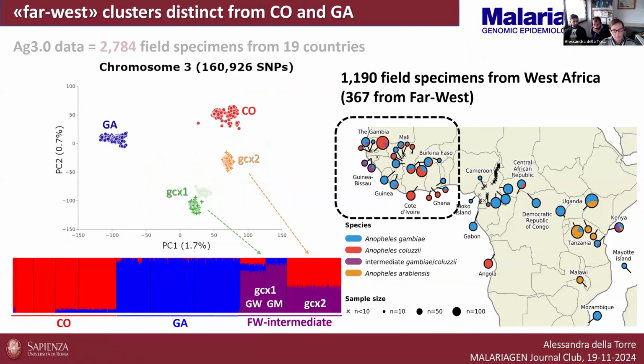We also ran ADMIXTURE, and the results were quite consistent, because here you can see in red coluzzii, in blue gambiae, and here the Far West populations, GX1 from the Gambia and Guinea-Bissau, and GX2, which shows a high degree of admixture with coluzzii.